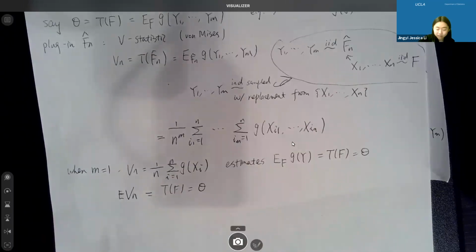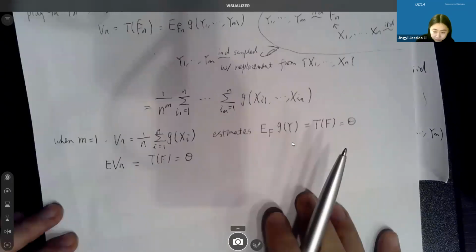Okay, so this is very good, right? When m equals 1, we don't have any issue. But when m is greater than 1, we do have some repetition issue. Let's look at one example.